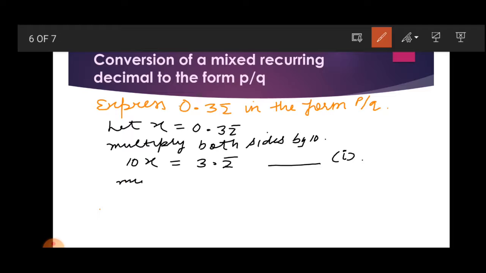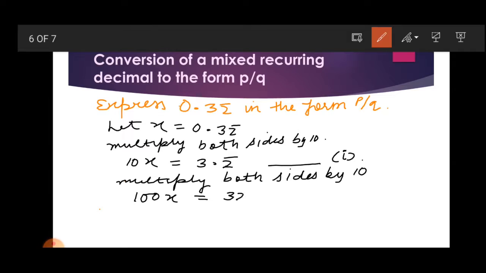Now multiply both sides by 10. Now 10 into 10x is 100x, which is equal to 3.2 bar multiplied by 10, which is equal to 32.2 bar. Name it equation 2.